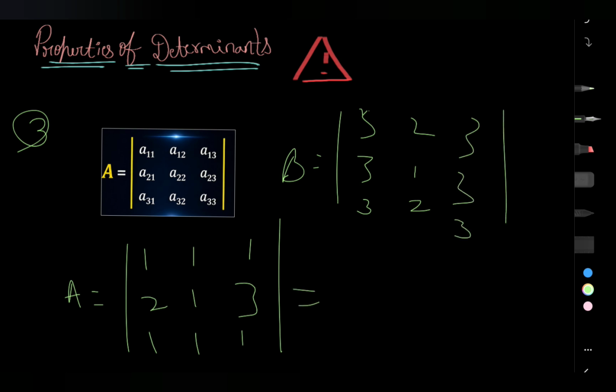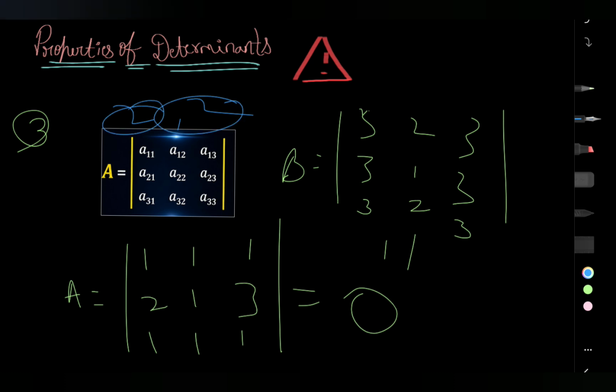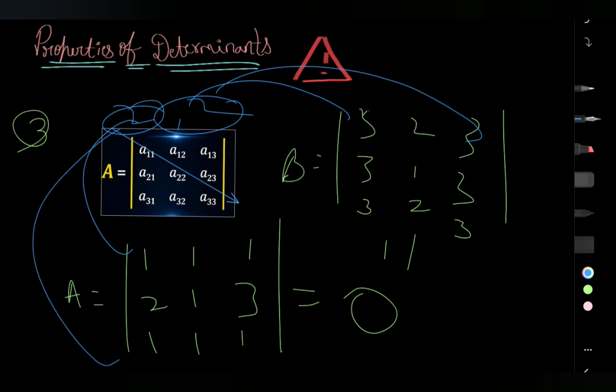Both determinants are 0. Why? The third property states that if any two rows or any two columns are identical, then the value of the determinant is 0.